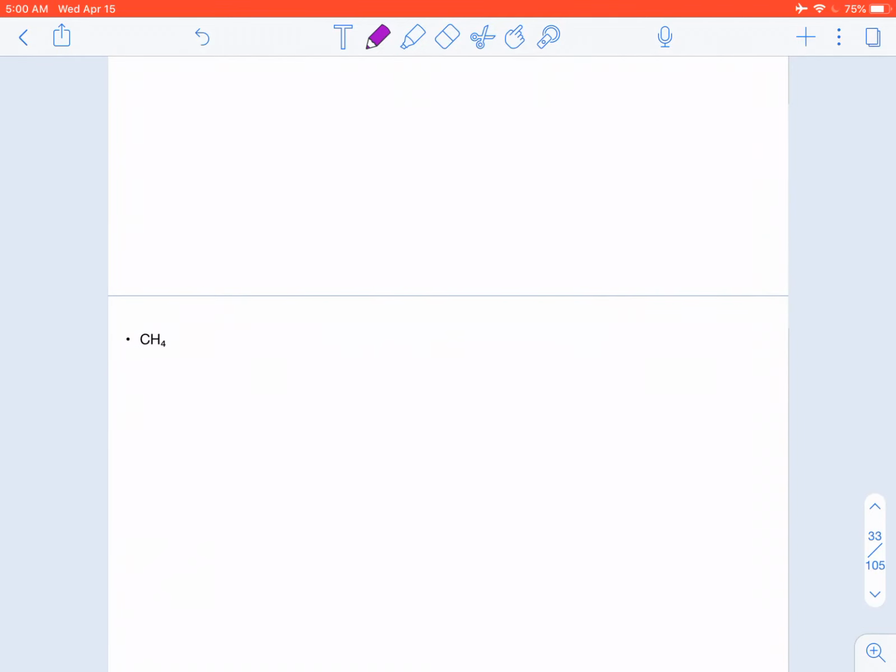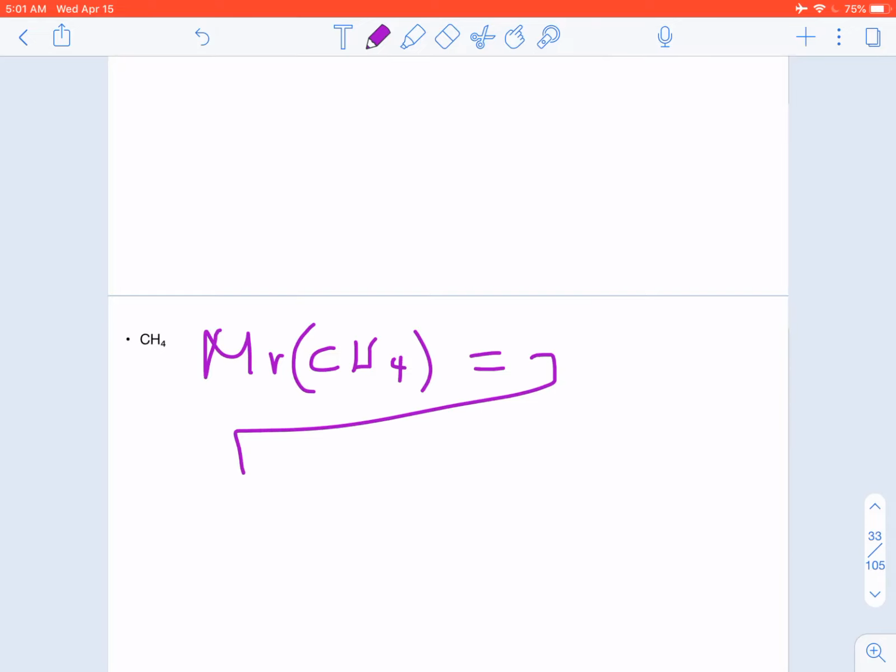Now let's look at CH4. CH4 also, if it forms a solid, then it's a molecular solid. So we have CH4, and that is equal to AR of carbon plus 4 times the relative atomic mass of hydrogen, since we got 4 hydrogens.